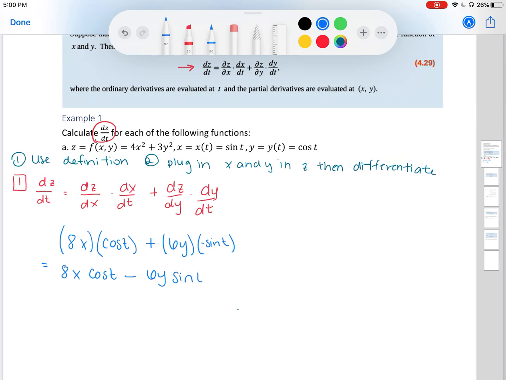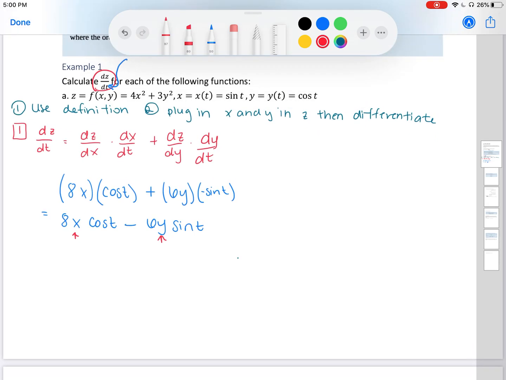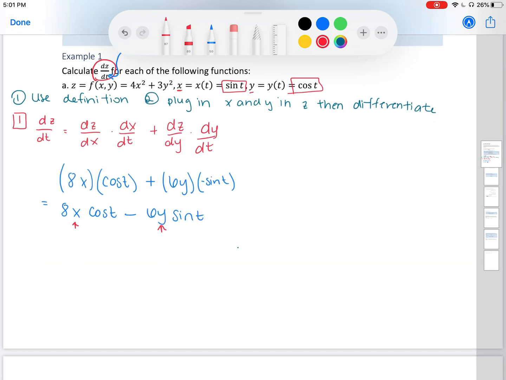6y sine of t. Now the problem is that we want our derivative in terms of t, but we have x's and y's. So we have to replace those with t arguments. How can we do that? Well, x and y are equal to functions of t, so let's make those replacements. Instead of x, I'm going to write sine of t, and instead of y, cosine of t.